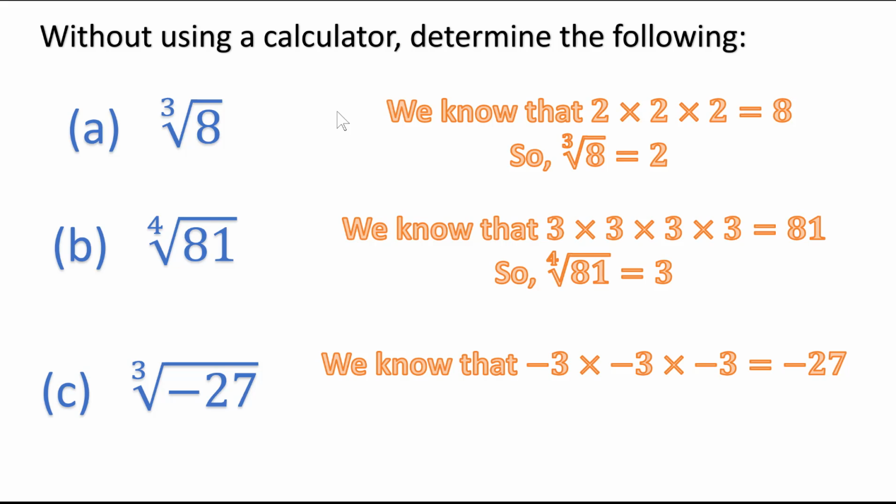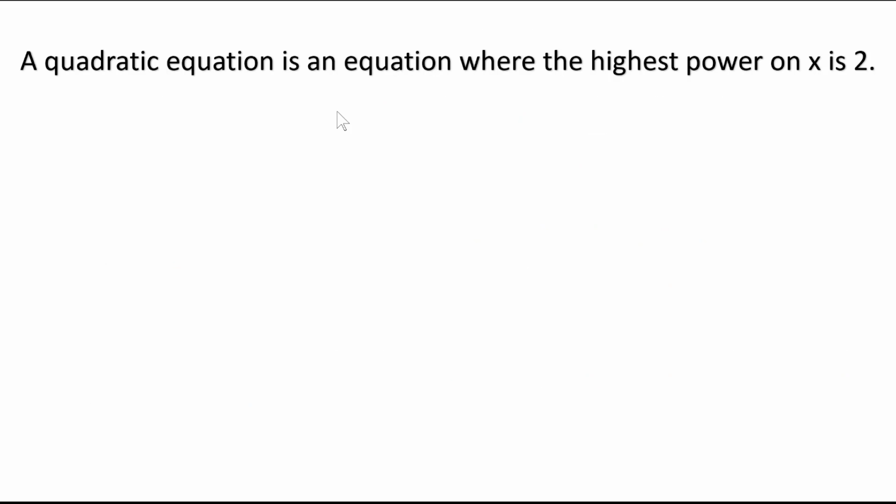So when you have a cube root or a fifth root or a seventh root, if the root is an odd root, you can have negative roots. With even roots, you only have positive numbers under the radical. All right, so the cube root of negative 27 is negative 3.